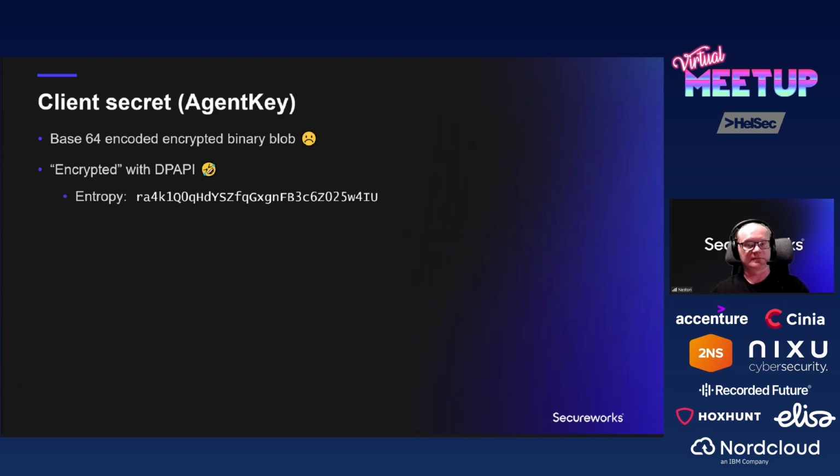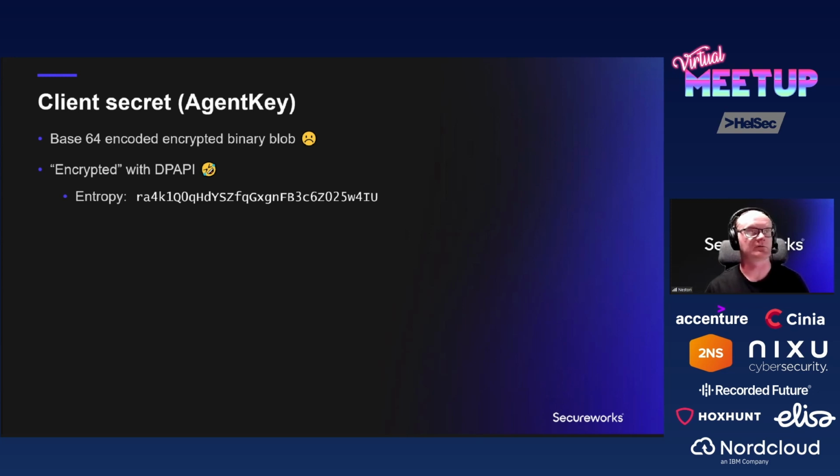The client secret is also known as the agent key. So where is it stored? It's stored in that registry value, but it's a base64 encoded binary, and it's also encrypted. But luckily, it's encrypted with DPAPI, or data protection API, which means you can actually decrypt that quite easily, as long as you know the entropy used here, and that's there.